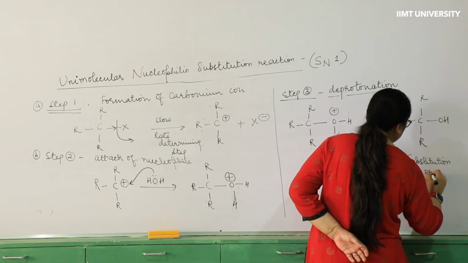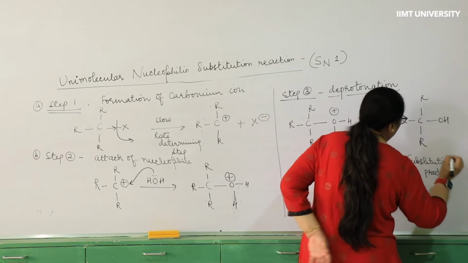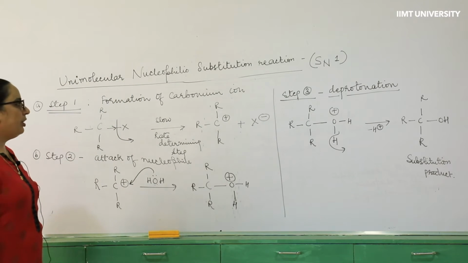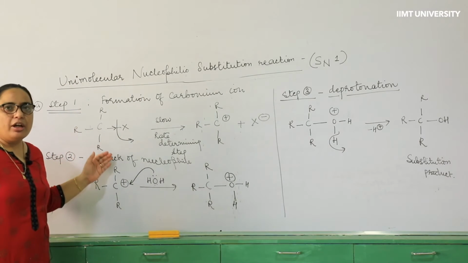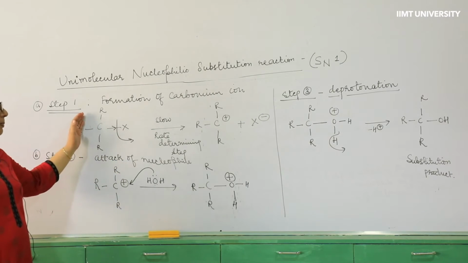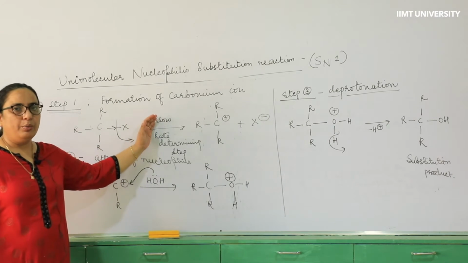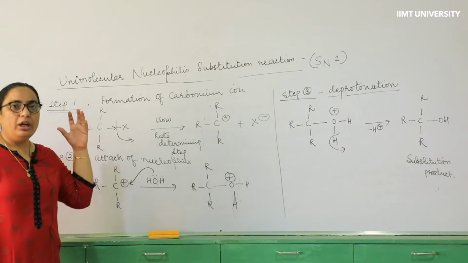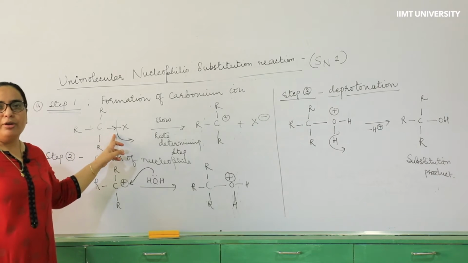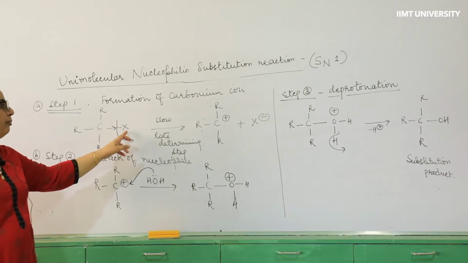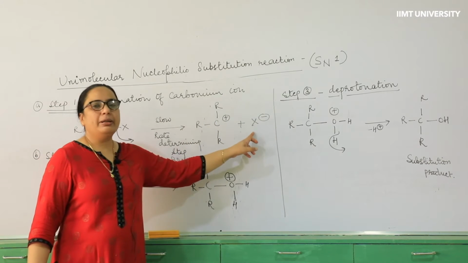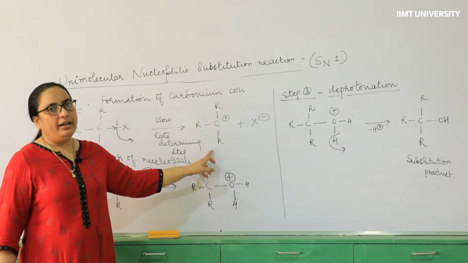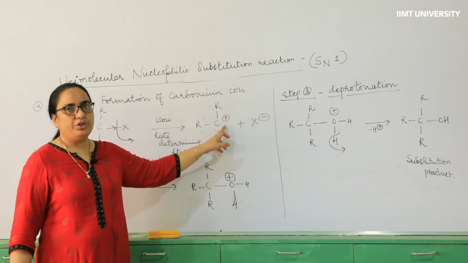So if we talk about the unimolecular nucleophilic substitution reaction, three steps are involved in the mechanism. The first step is the formation of the carbonium ion, in which the halide of the alkyl halide, being more electronegative, will attract the bond pair of electrons towards itself and get removed from here, become a stable anion, thereby forming a cation, that is the carbonium ion, in which the carbon is bearing the positive charge.